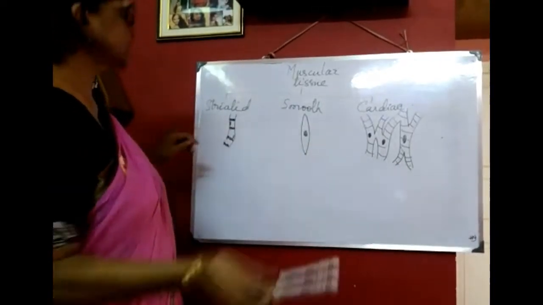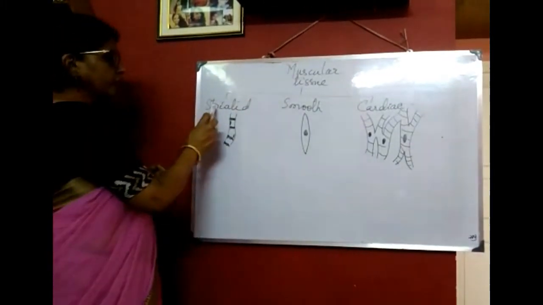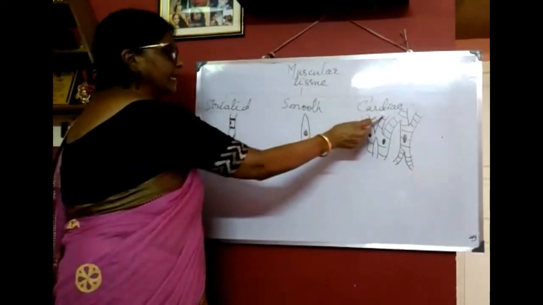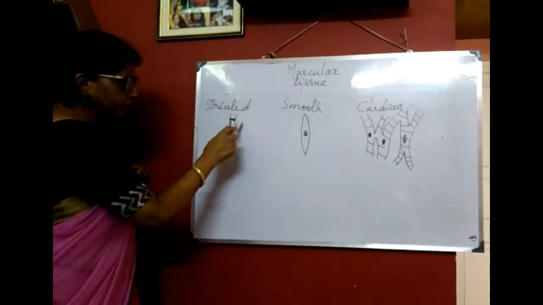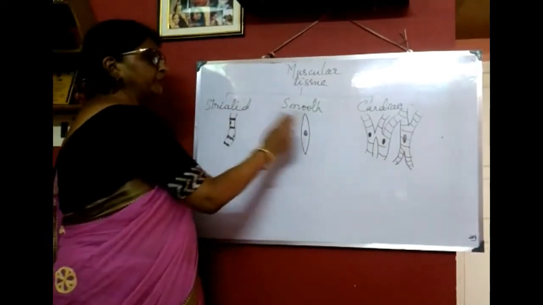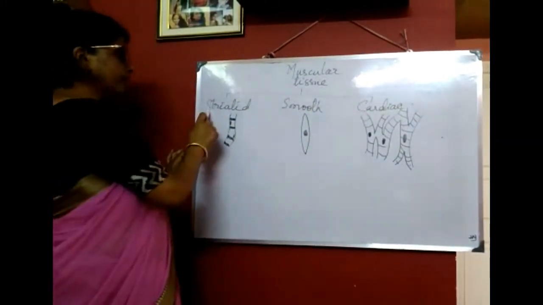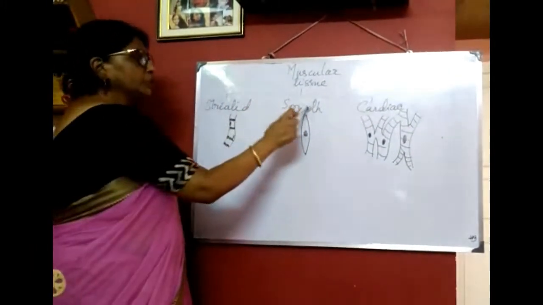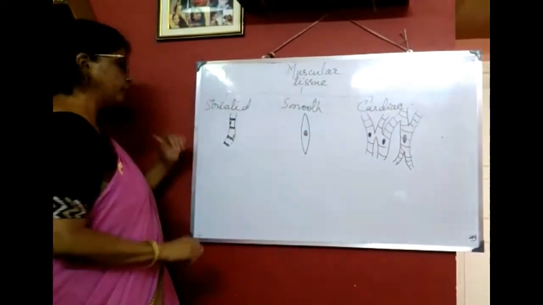Now I will discuss muscular tissue. Muscular tissue has three types: striated muscle, smooth muscle, cardiac muscle. Striated muscle, here you can see the stripes are present. It is also known as striped muscle. This is unstriped or unstriated, cardiac muscle, stripes present. Now striated muscle is multinucleate, smooth muscle uninucleate, cardiac uninucleate or multinucleate.